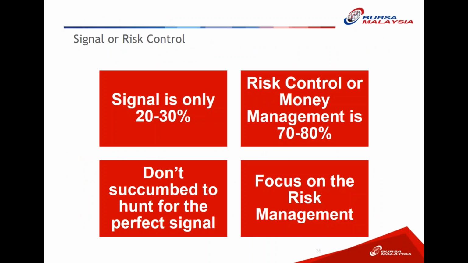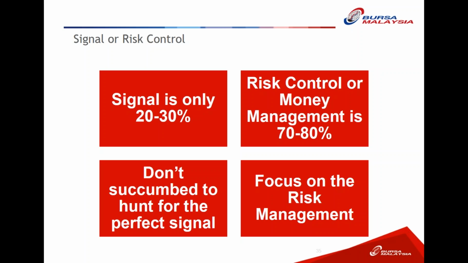Okay, so all in all, I'm almost done with my seminar, and I just want to sum up. Whether it's the signal or the risk control part, if you have been looking for any winning system, any system that can give you a surefire way of trading, you look at signals.